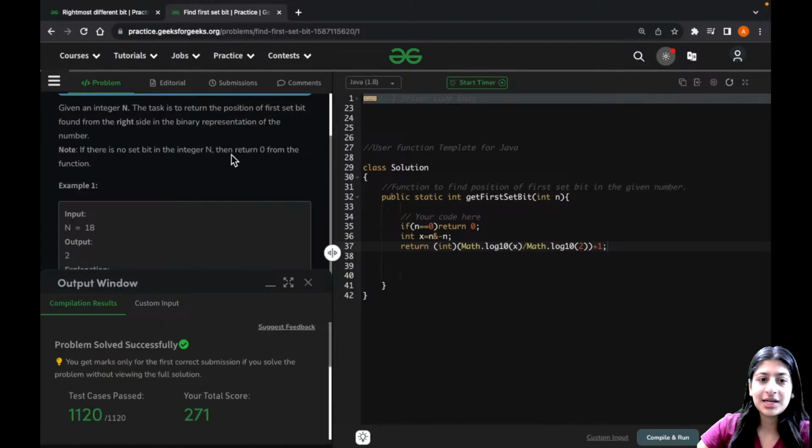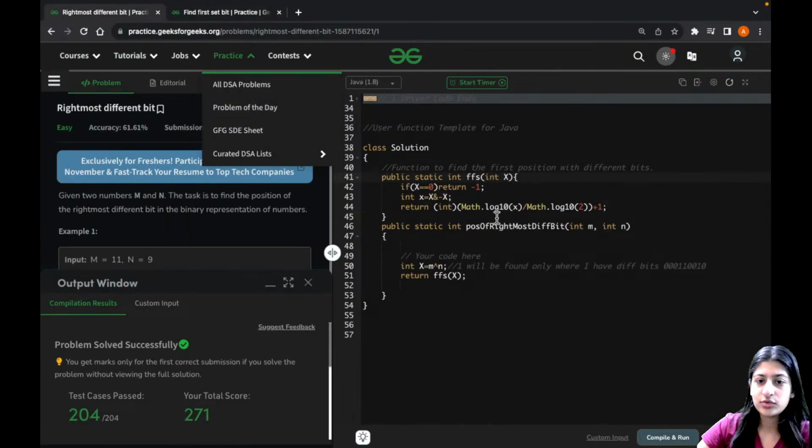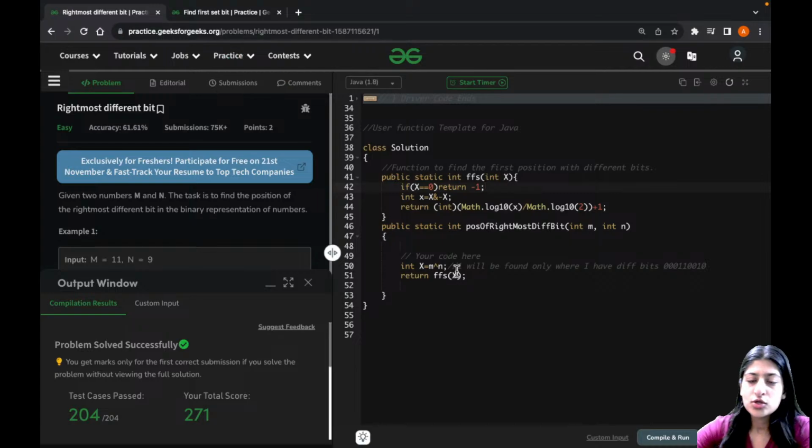If there is no set bit, then return 0. That is why I have made it 0. Otherwise, for this question, you are doing it minus 1. Okay. So I hope you understood this problem.